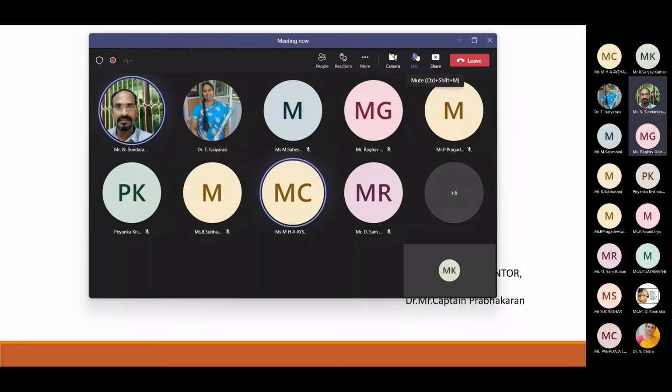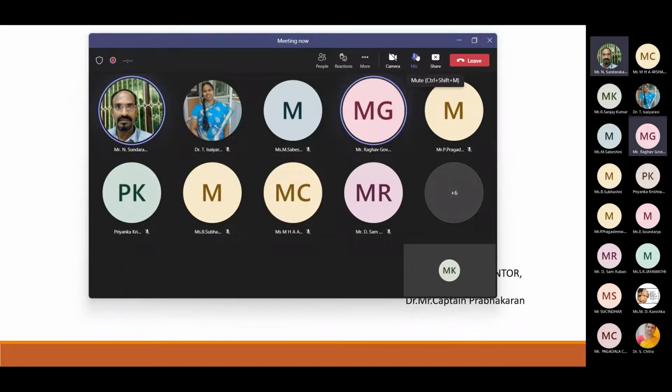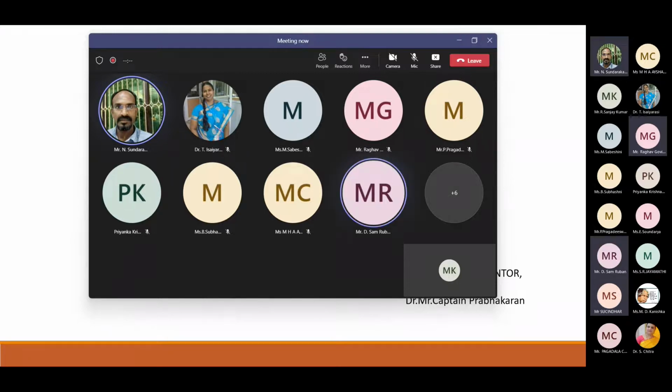Okay, thank you so much, guys. Next, we move to Raghav, Sarath, and Susinder. Before that, we confirm the next participant, number 7, I think, Sridevi and Sam Ruben. Are you available? Yes, sir. You just be ready for the next presentation. Right now, we move to the presentation given by Raghav, Sarath, and Susinder.